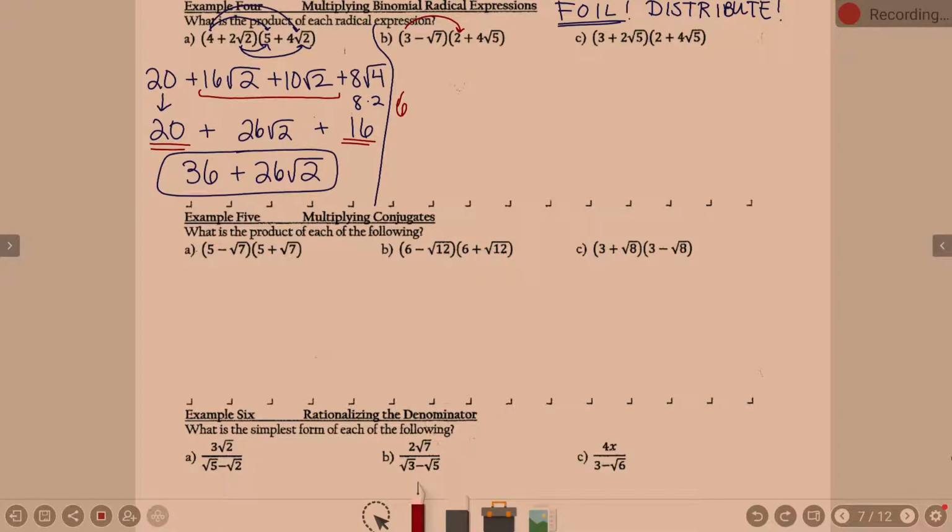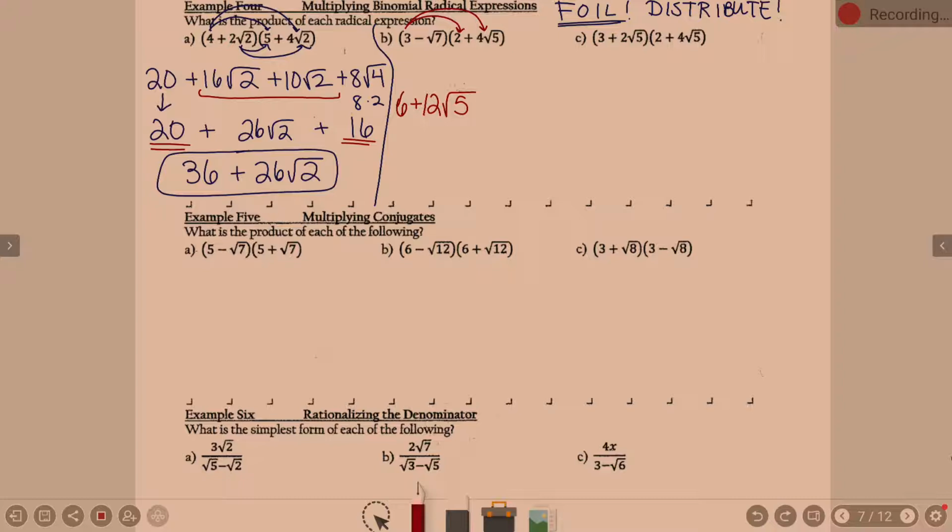I take the 3 and I'm multiplying 3 times 4 square root of 5. Multiply outsides with outsides, square roots with square roots. 3 times 4 is going to be 12. And the square root of 5? So that's going to be plus 12 square root of 5.